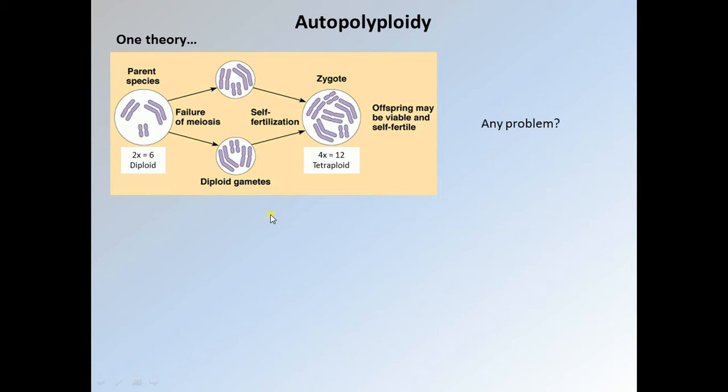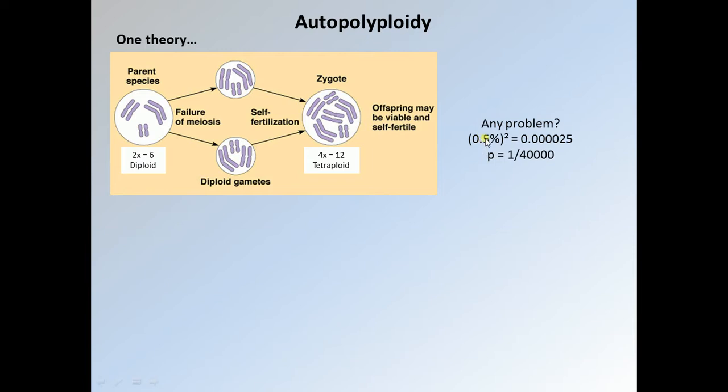One theory that has been proposed is basically, let's say you have a diploid parent species, meiosis fails, and this will lead in the end to diploid gametes from both the paternal and maternal side, let's say, which leads to, of course, a zygote which becomes tetraploid because double here means double there. Okay. There is a problem with that.